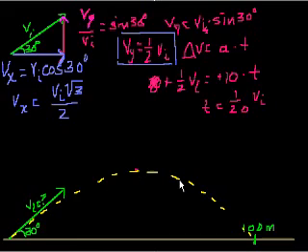So the total time that I'm traveling is going to be twice this, right? So let's say total time in the air. Let me call it time in the air. So time in the air, we could call this time up, right? And then time up plus time down, and they're equal to each other, is equal to time in the air. Time in the air is going to be equal to 2 times time up.